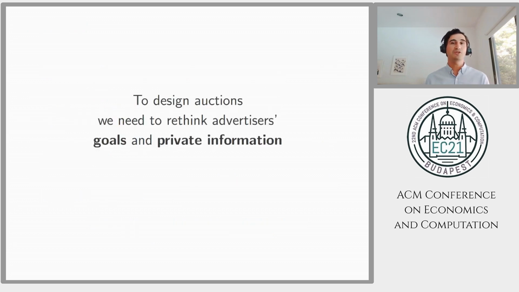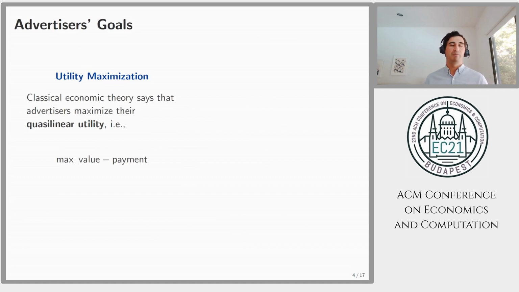In order to understand the question, we need to rethink advertisers' goal and their prior information in the auto-bidding world. Now, the classical paradigm in economic theory and mechanism design is that of utility maximization. That says that advertisers should maximize their quasi-linear utility, which is given by the difference between the value and the payment.